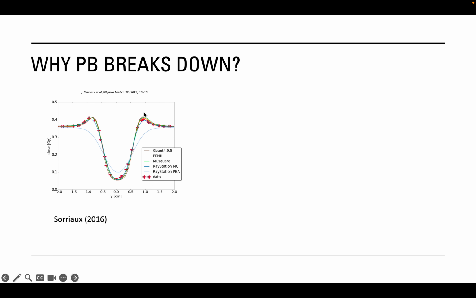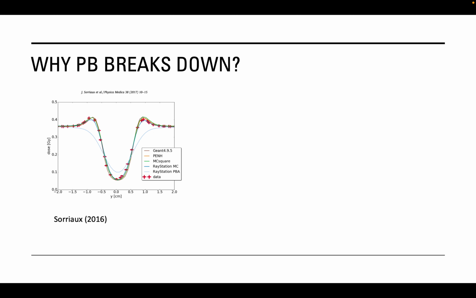In this region there is bone, and at the interface the pencil beam just simplifies the lateral spread. But in reality at the interface the stopping power changes, and the deposition of dose changes very specifically, which can only be modeled by Monte Carlo, which are these curves. And pencil beam is just simply doing the density scaling and gives us a smooth curve, which is not the case.